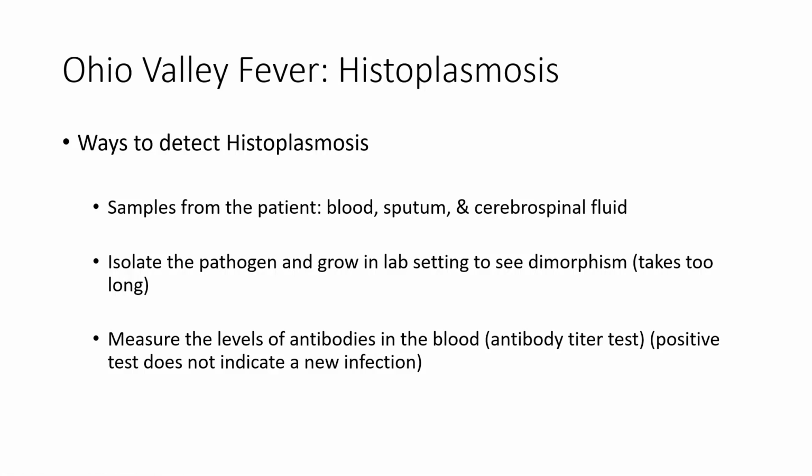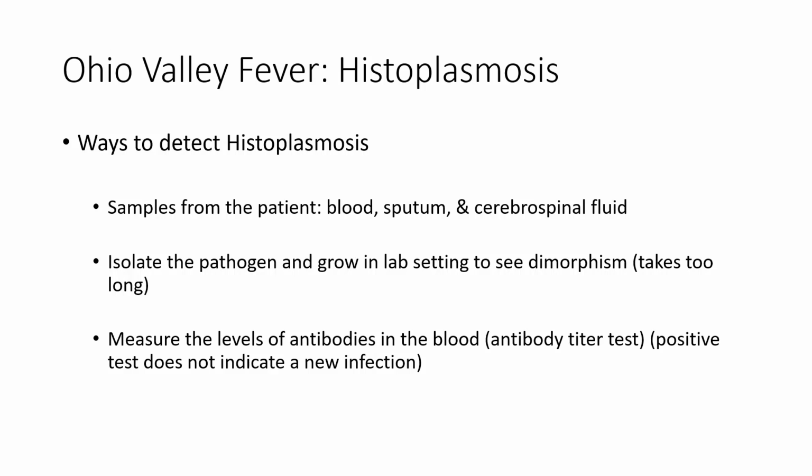And so how do you find these in samples, right? You can take it from blood. You can take it from sputum, which is basically just mucus and saliva, so you can have them cough it up and do a microscope view of that. You can also even get cerebrospinal fluid to look at it. Basically, you can further detect it by isolating the pathogen and then growing it in a lab setting.